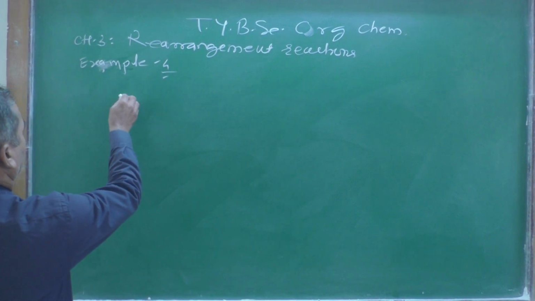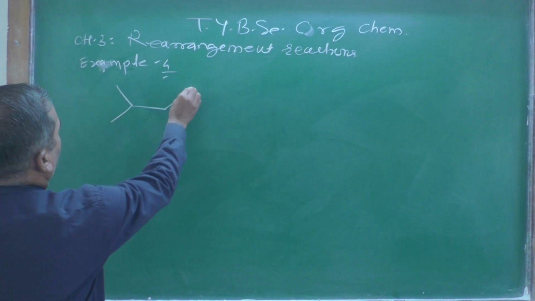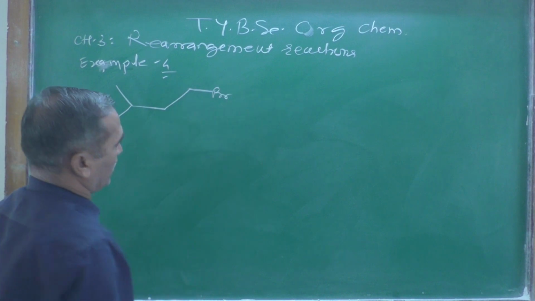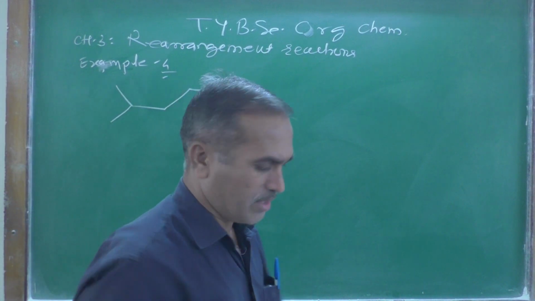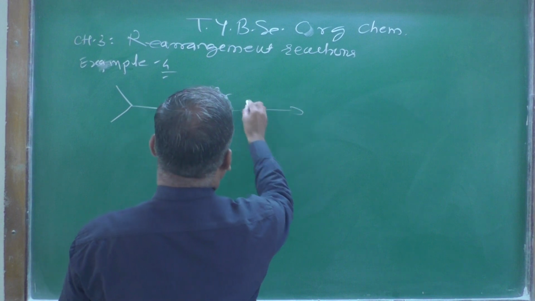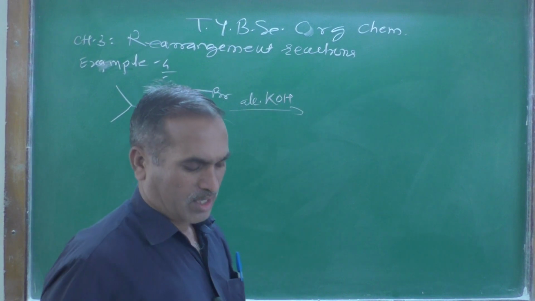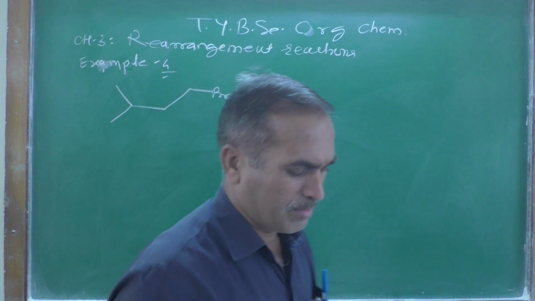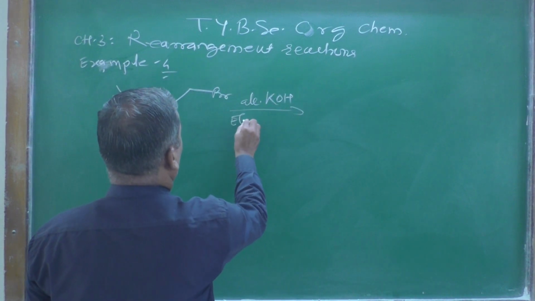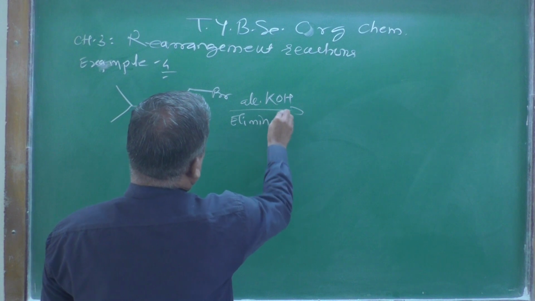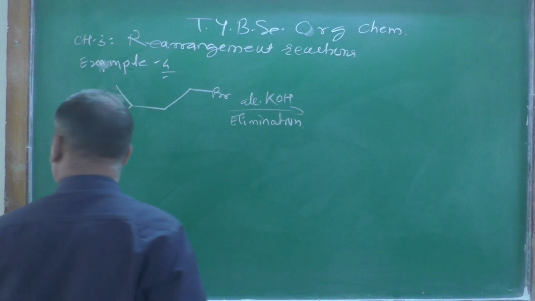Suppose we have this compound, and there is a Br, right? So this is the starting compound, and this will be treated with alcoholic KOH. Elimination reaction takes place here. And as we know, elimination means what?